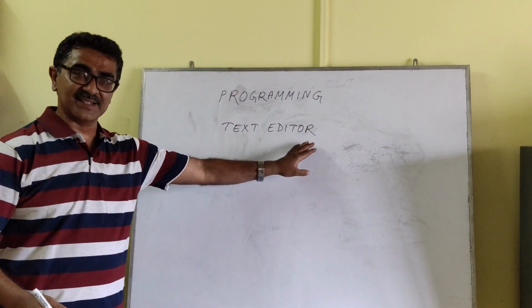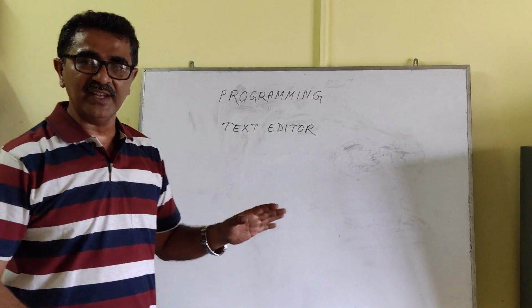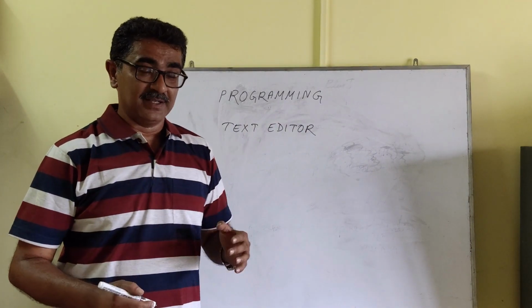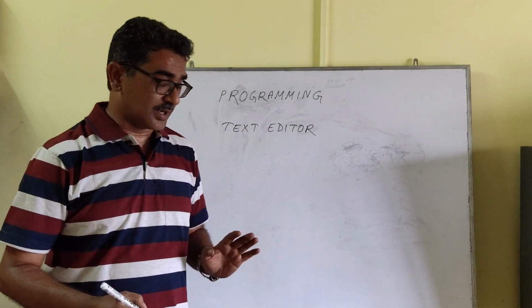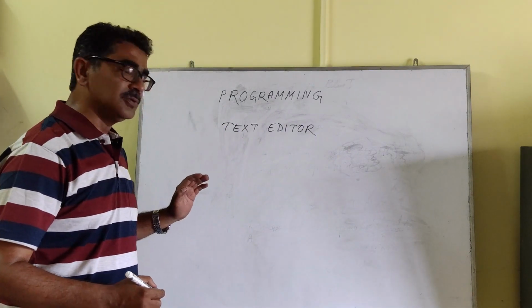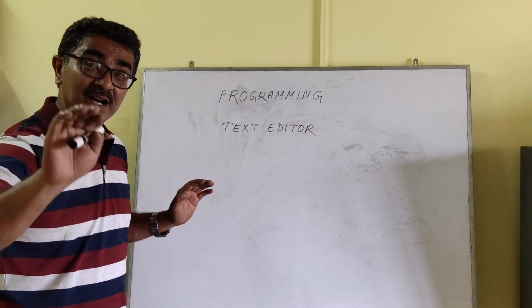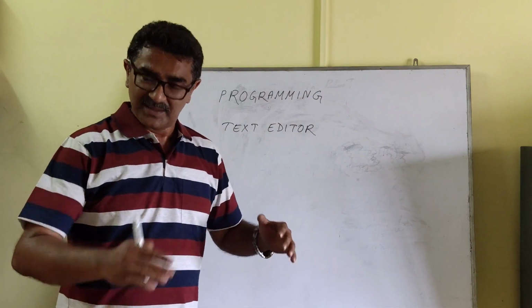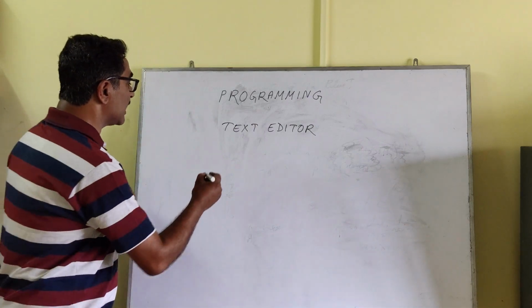So first of all, the text editor is the place where we write our program. The next step, after we write our program, is to make the computer understand whatever commands I have given over there. This entire process is called compilation.